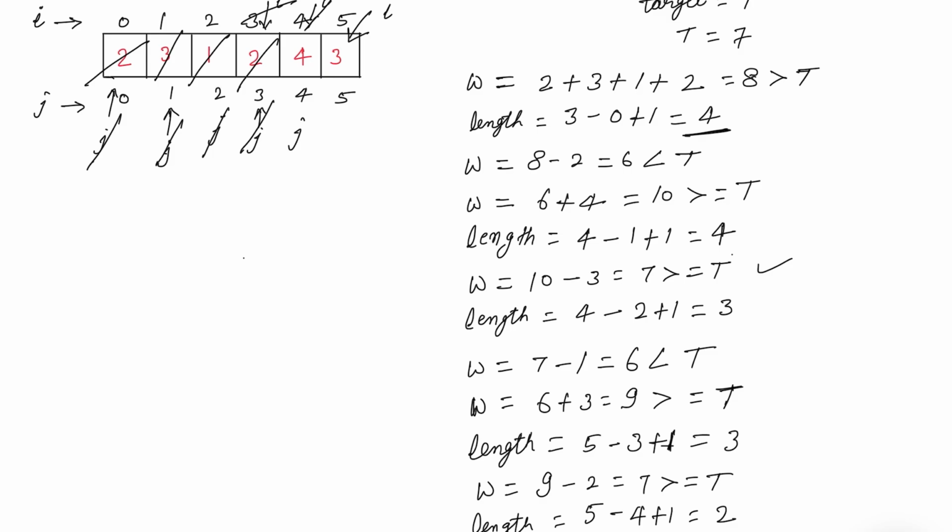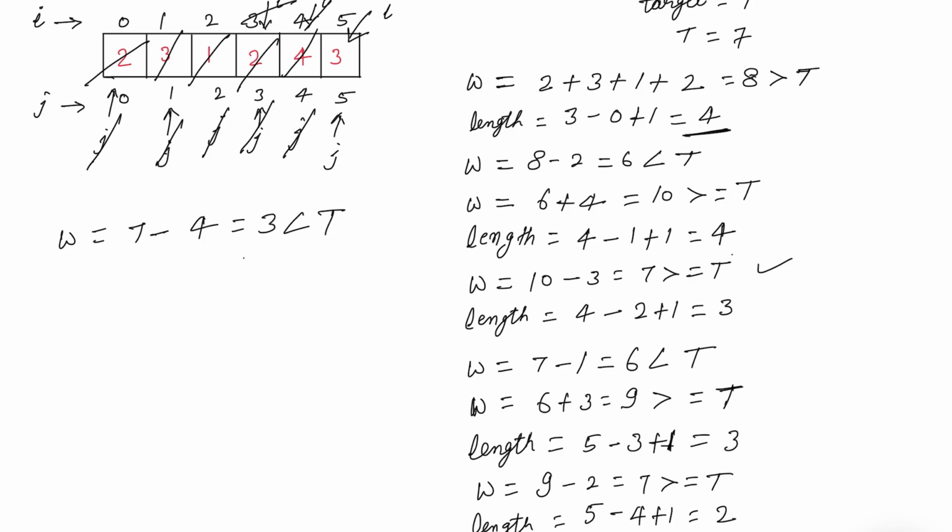Now see, if I remove second last element also, then what will be sliding window size? 7 minus 4 equal to 3. So this is less than target. So what should be our final length of minimum subarray, which is greater than or equal to target?